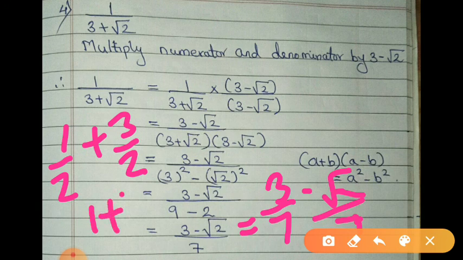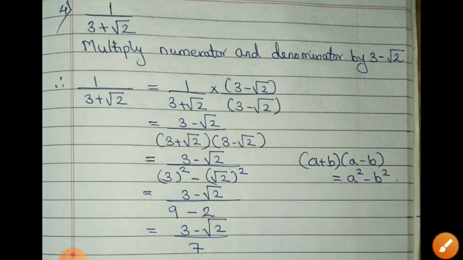We write 1 plus 3 by 2. The same thing: these two numbers have the same denominator, so I can give that 7 separately. So I'll get 3 by 7 minus root 2 by 7. Hope this is clear. Okay, this question is clear.